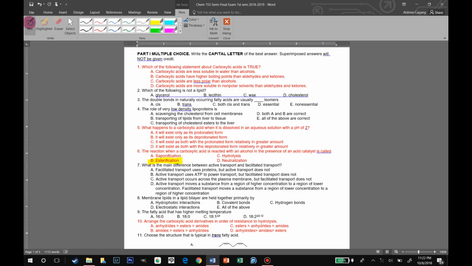Again, the esterification process is where you react your carboxylic acid with an alcohol, OH, to form your ester bond. So your ester bond, C double bond O C. Of course, in the presence of an acid, so you have here H plus as a catalyst.